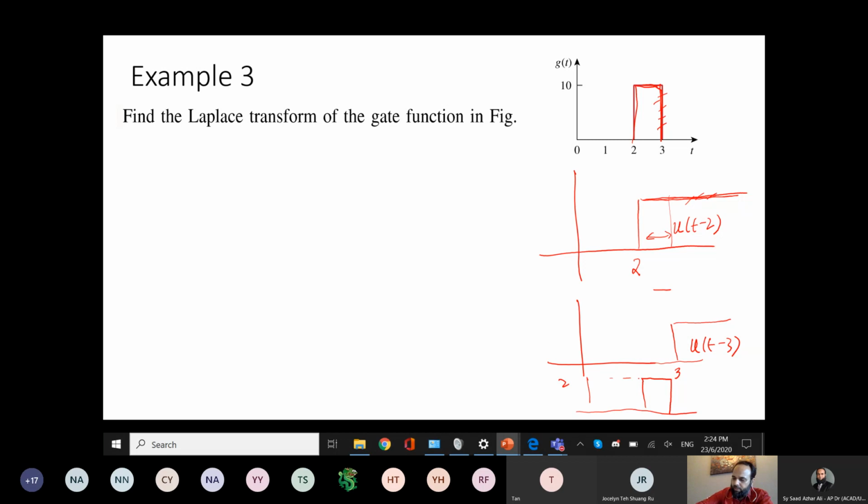So basically this function, let me call it g, is equal to 10, amplitude is 10, I'm sorry, 10 times u(t minus 2) minus u(t minus 3).